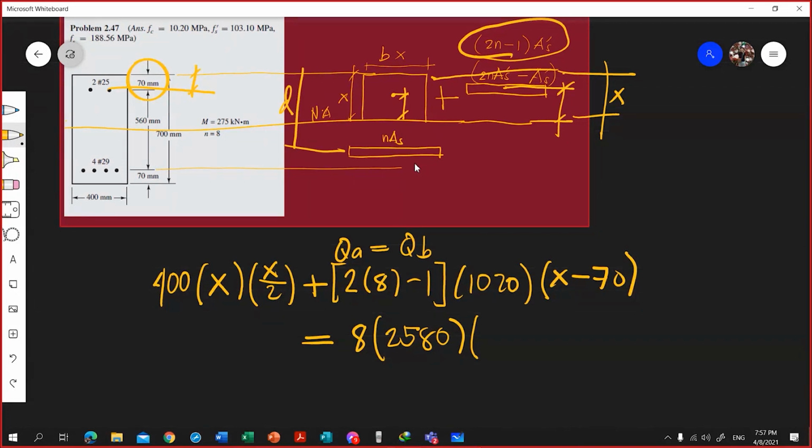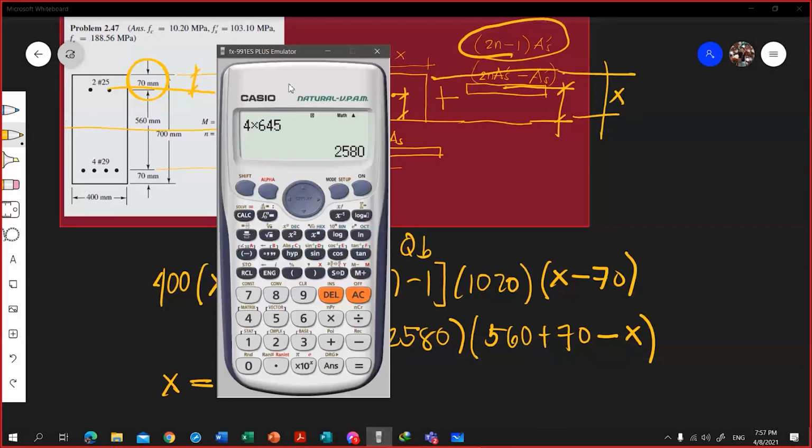Your effective depth is 560 plus 70, as you can see here. So I'll put here 560 plus 70, minus x. So, if you solve for the value of x, what's the value of x here? Let me use your calculator.